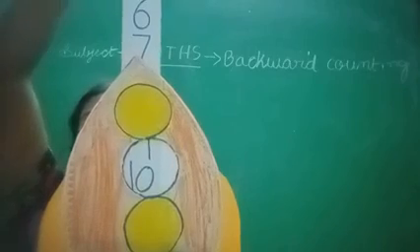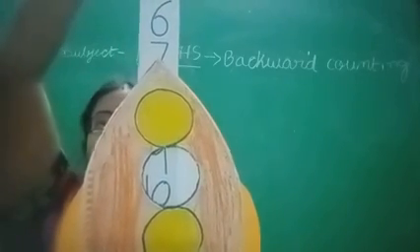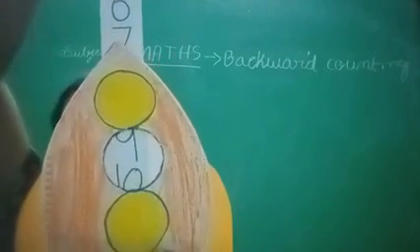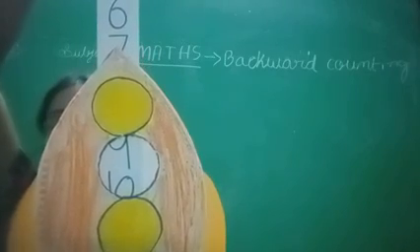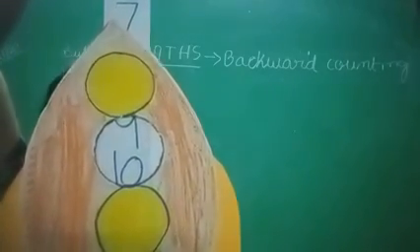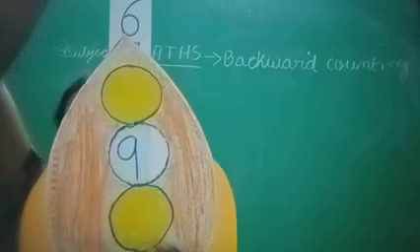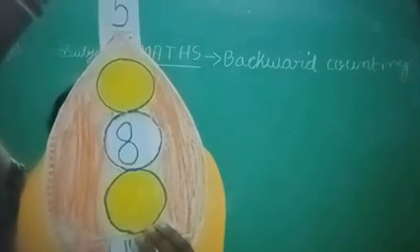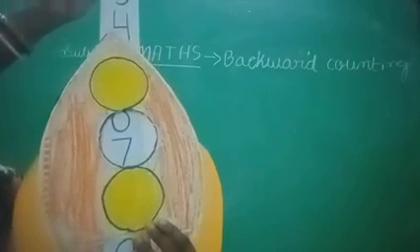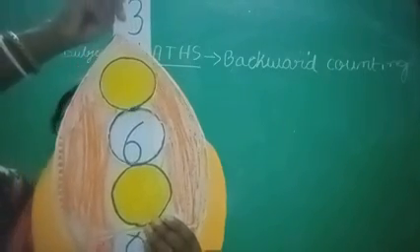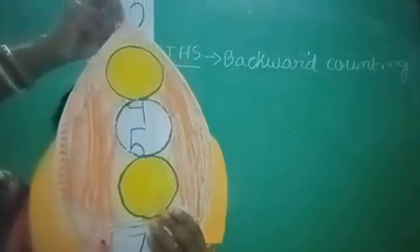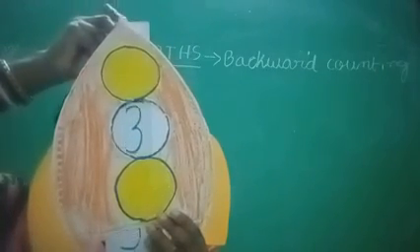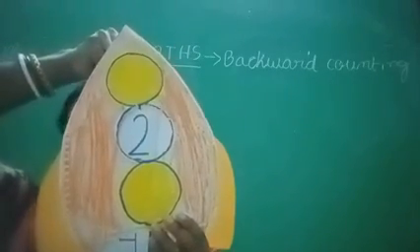Now we have gone up. Now we will come down. When we come down, we will count 10, 9, 8, 7, 6, 5, 4, 3, 2, 1.